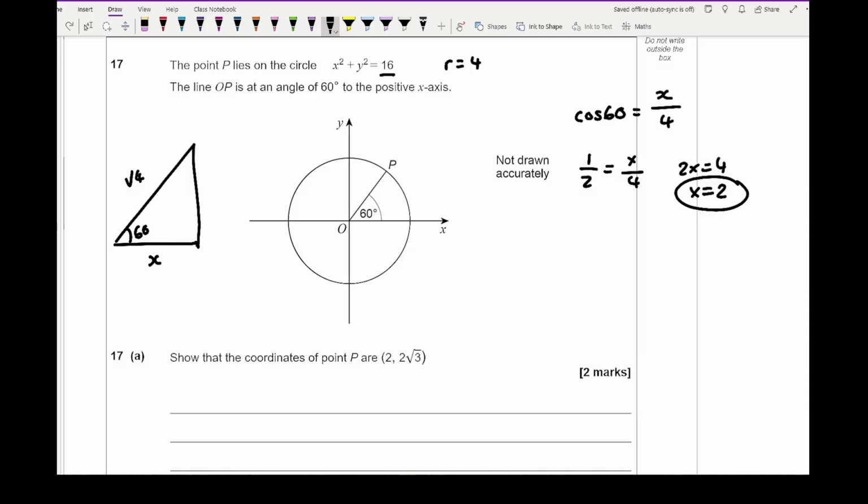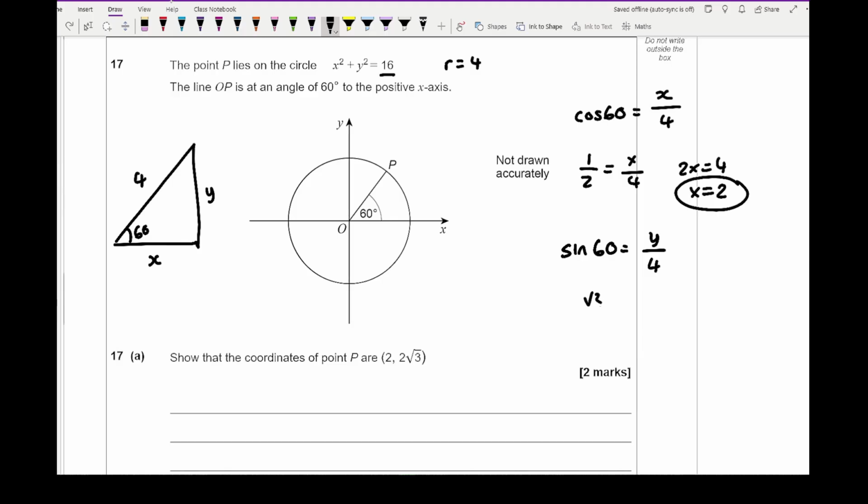Then if we look at the y ordinate, what we end up with is using sine. We get sine 60 equals y over 4. I don't know why I've wrote root 4, so let me just go back and correct that. And then sine 60 as an exact value of trig gives me root 3 over 2.